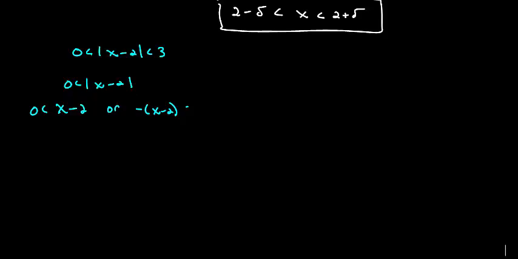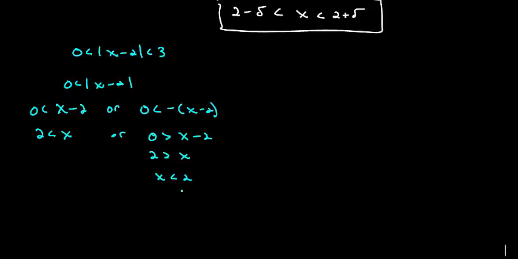I should rewrite that. If we do the math here, this guy gives me that x has to be more than 2. And this guy, if I multiply both sides by negative, remember negative 0 is just 0, so if I move this over, this says that x is less than 2. Right? So either x is greater than 2 or x is less than 2.